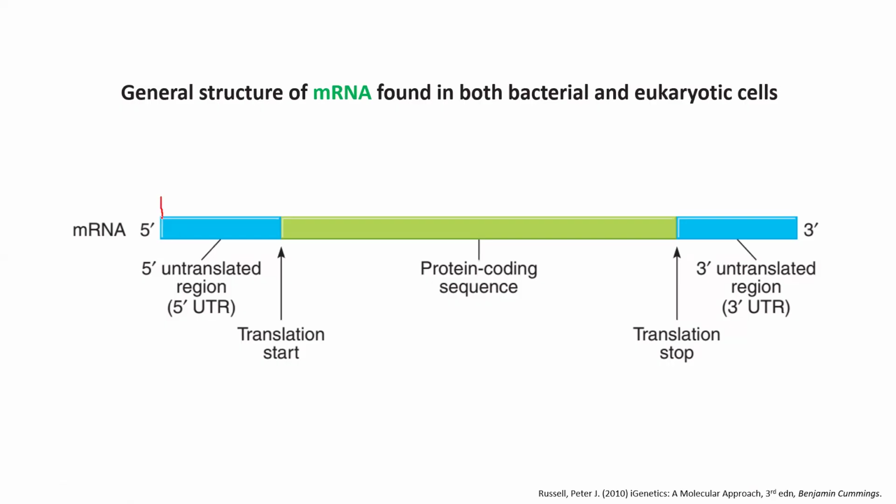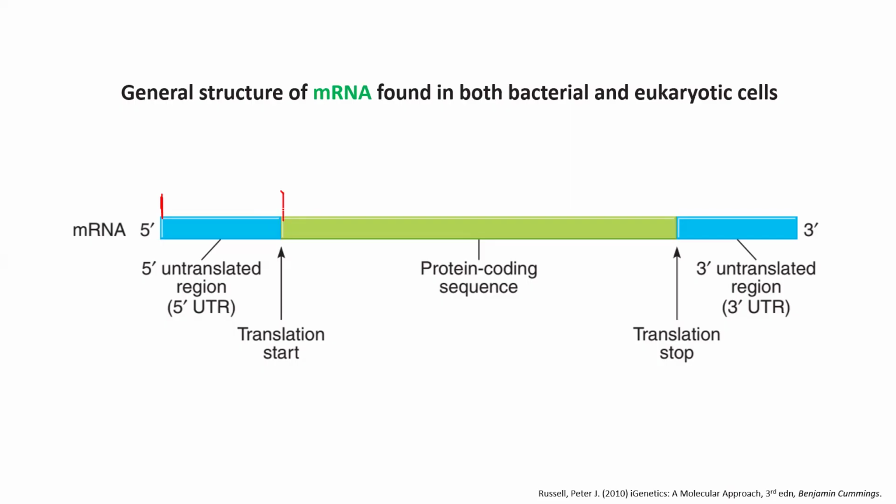Let's say in bacteria, the first codon is AUG, that codes for formyl methionine or methionine. So the initiation codon starts right at the extreme end? This is a misconception. No, the initiation codon may be somewhere here. So it's not at the extreme 5' end.